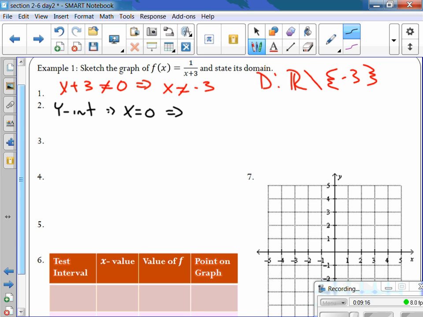X equals 0 just gives us that. One over 3 is 1/3, folks. So, Alexander, what about the x-intercept? What are we supposed to do there? Let's do the same thing, setting the numerator to 0.